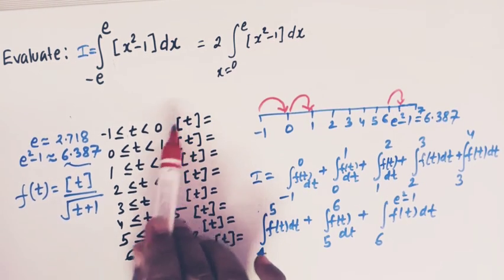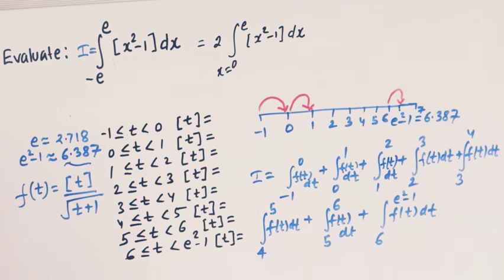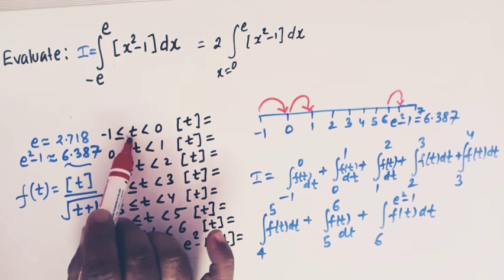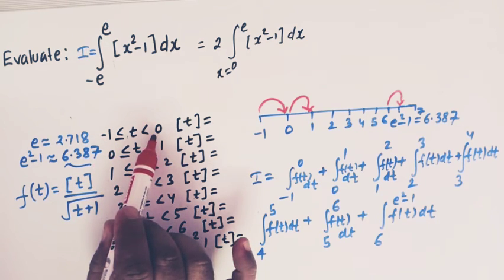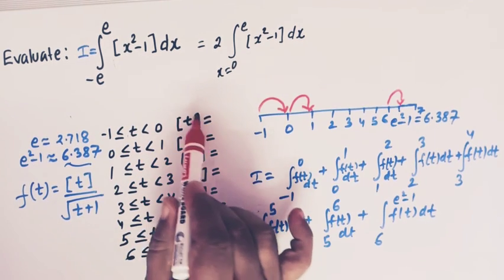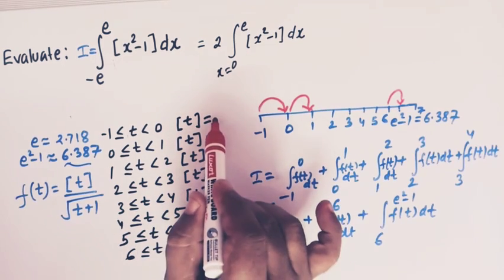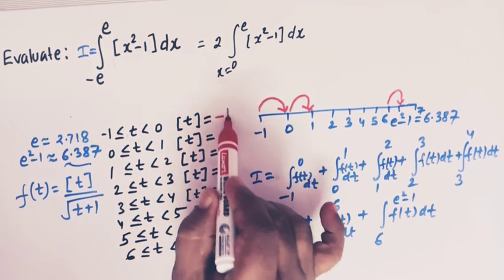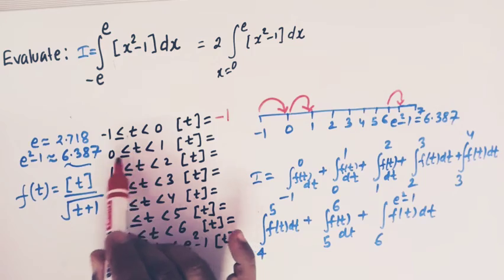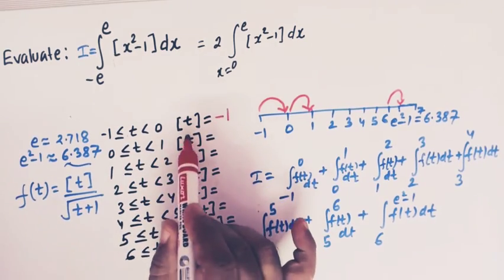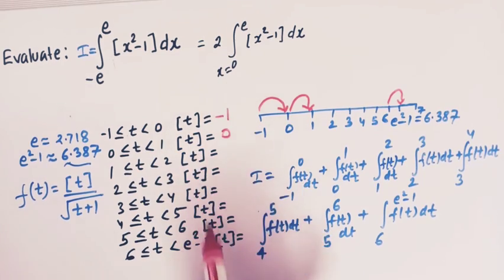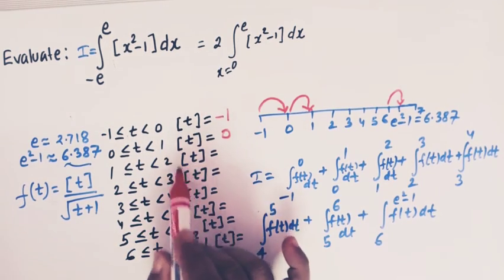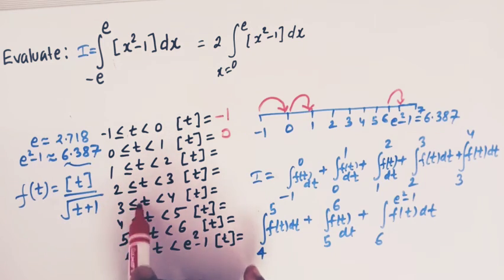So by the definition of greatest integer function, when t lies between minus 1 and 0, the value of greatest integer t is equal to minus 1, and when t lies between 0 and 1, the value of greatest integer t is 0, and similarly we can assign the value of greatest integer t in the rest of the intervals.